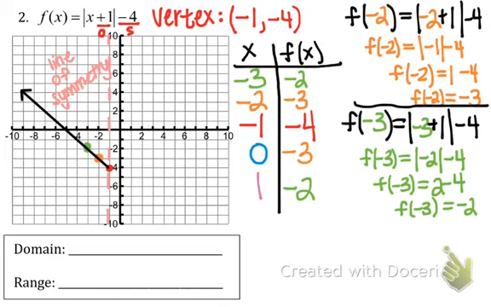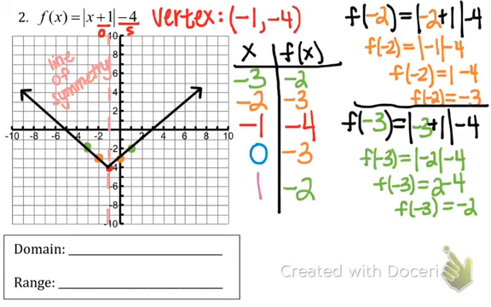And just like above, our corresponding value of negative 3 is negative 2, so our f of x for positive 1 is also negative 2. So we'll graph those points as well, fill in our other side of the absolute value function, and we have made our absolute value v-shaped function.